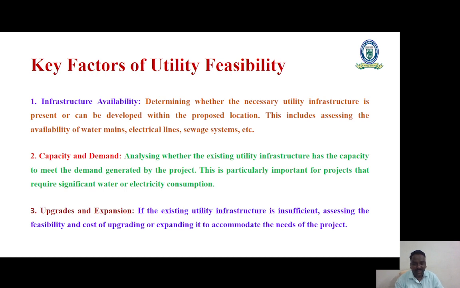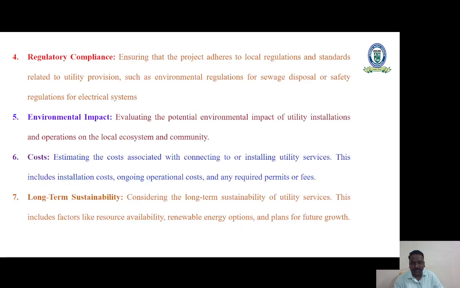Upgrade and expansion. If the existing utility infrastructure is insufficient, assessing the feasibility and cost of upgrading or expanding it to accommodate the needs of the project. Fourth, regulatory compliance. Ensuring that the project adheres to local regulations and standards related to utility provisions, such as environmental regulations for sewage disposal or safety regulations for electrical systems.